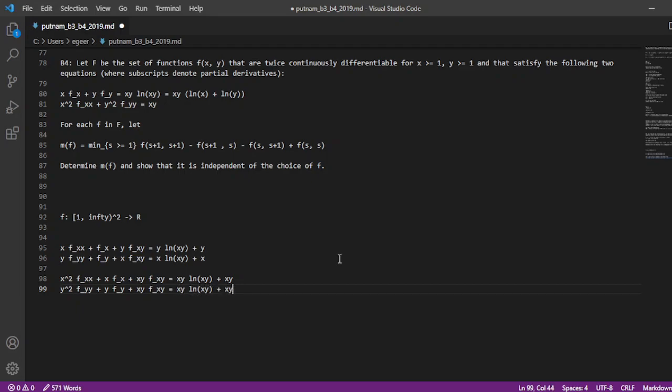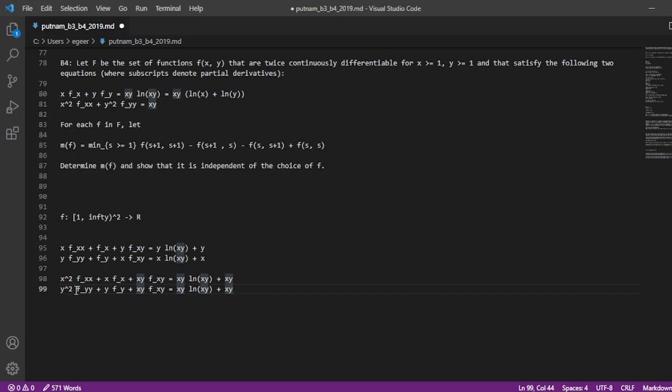Yeah. So we get two things that are equal. And we happen to know the sum of each individual part here. So we know that these two terms sum to xy. And then we know that these two sum to xy ln xy. And then there's this left over, which I suppose sums to 0, right?